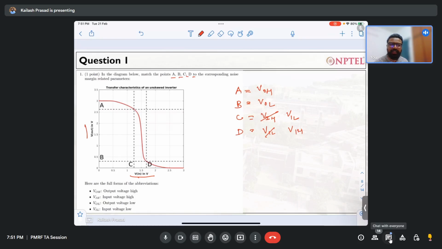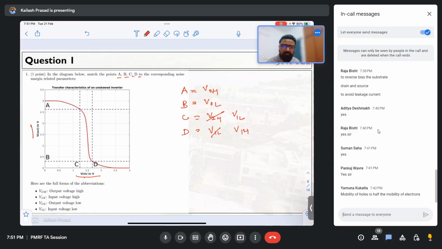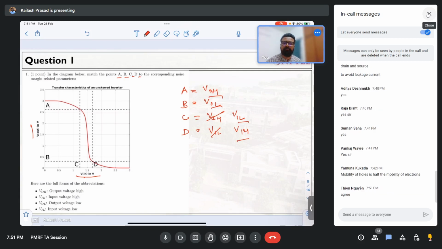If you don't agree, type no. Everybody agrees with this A, B, C, and D, VOH, VOL, VIL, and VIH? Okay, Thian agreed. What about others? No opinions?